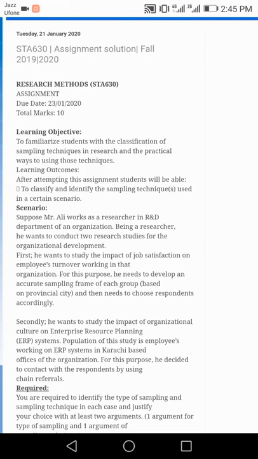a scenario. Suppose Mr. Ali works as a researcher in the R&D department of an organization. Being a researcher, he wants to conduct two research studies for organizational development. So here you have to check.